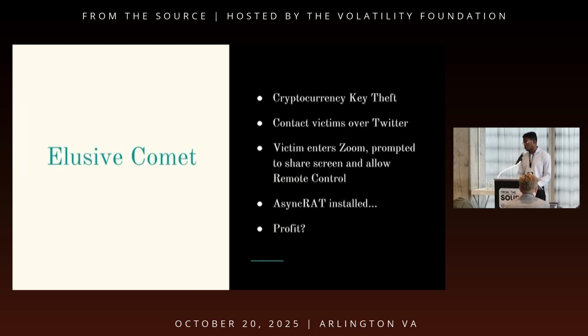As far as the threat vector and attacks that have been seen using Zoom, there's this group called Elusive Comet. This isn't my research, so I'm just giving the high level tactics. Basically, they will send you a Zoom invite, and you'll allow remote control connections.